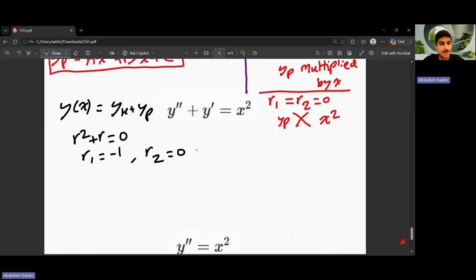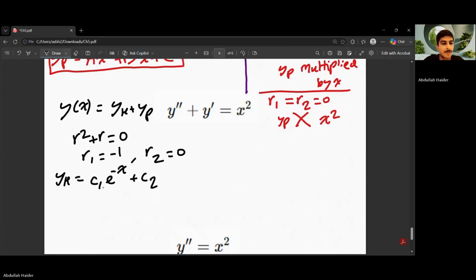These are distinct roots, so your homogeneous solution is going to be c1 e power minus x plus c2 e power minus 0, and e power 0 is 1, so c2.